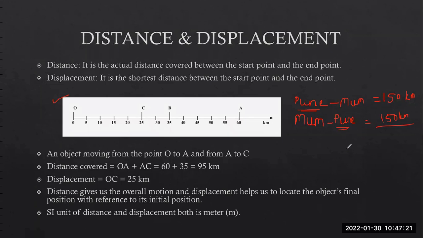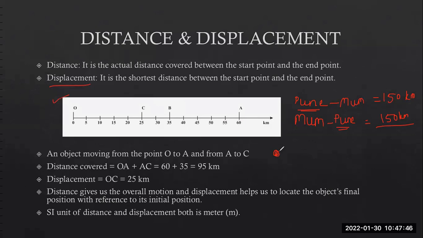Now, if you consider the next term, which is displacement. What is displacement? It is the shortest distance between the start point and the end point. Are you aware of what the shortest distance is?